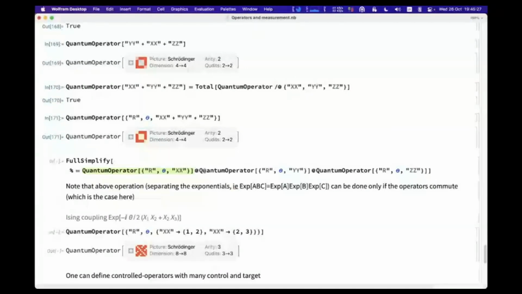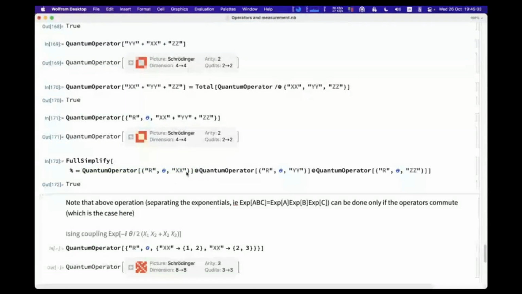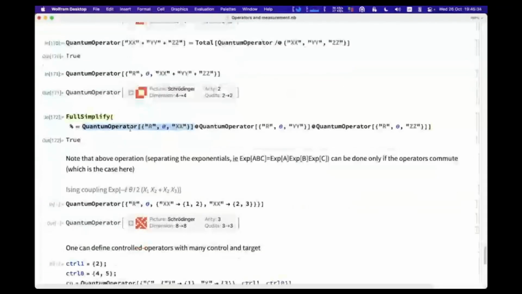Why are they interesting? Because in some cases like this one, if you just evaluate it, we are adding a bunch of operators XX, YY, ZZ, and their exponential is also separable. We can write it as a multiplication of different exponential terms.